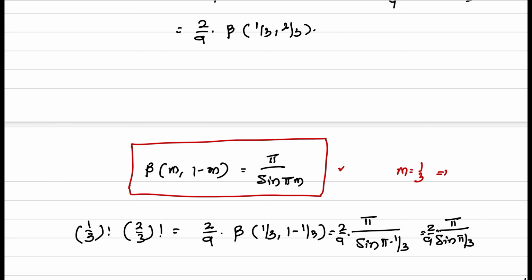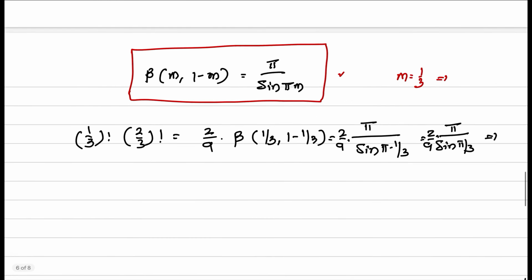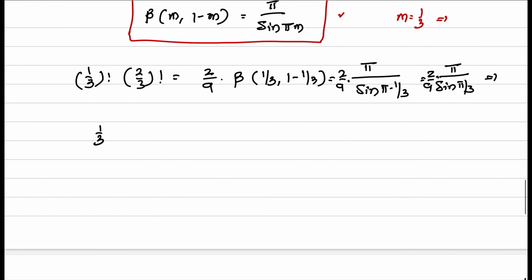That implies 1 by 3 factorial into 2 by 3 factorial is equal to 2 by 9 into pi divided by root 3 by 2.